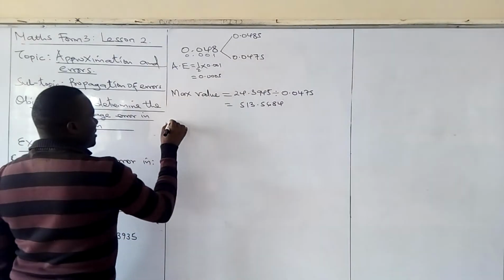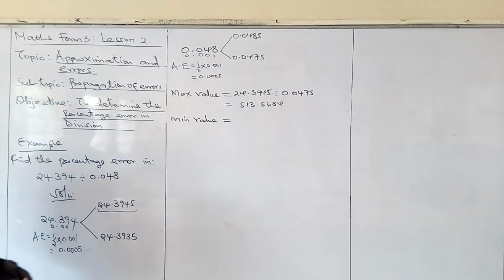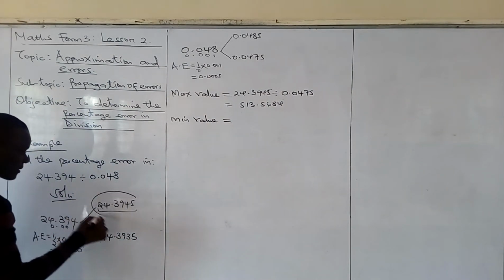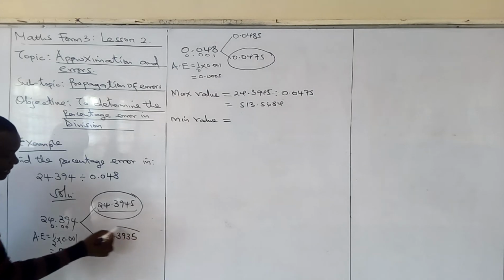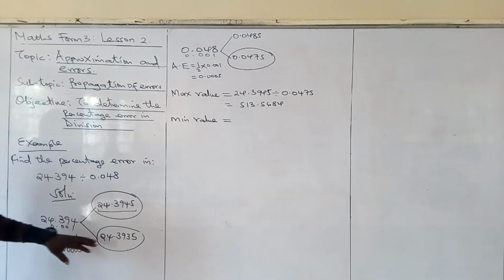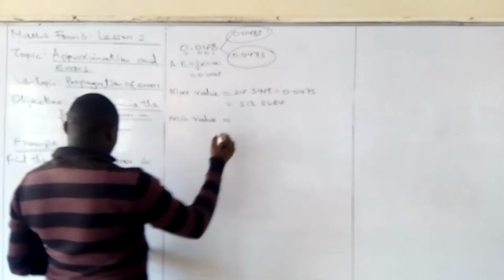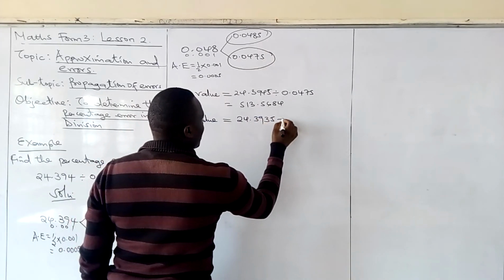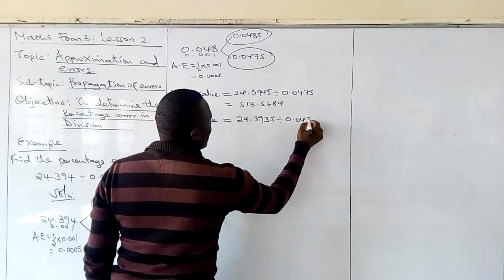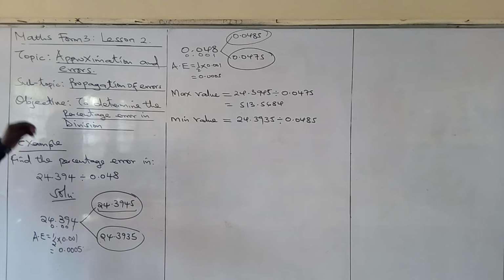Let's go to the minimum value. Remember, we have used these two to get the maximum value. We now divide the numbers that have remained. We take 24.3935 divided by 0.0485. As you can see, there is a very big difference in how we determine percentage error in multiplication and in division.